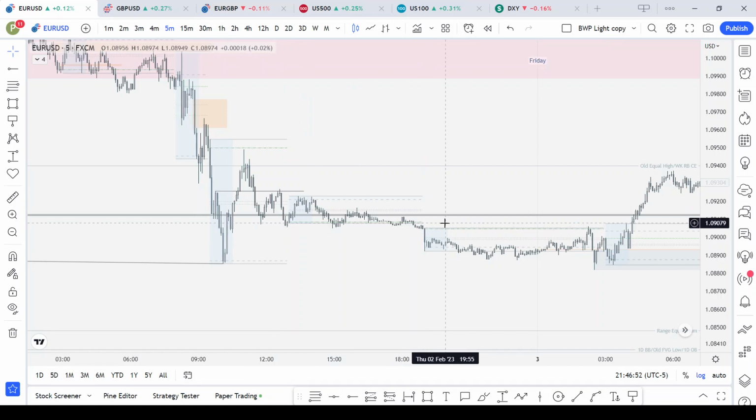This last TR candle is between 7 to 8 p.m. That is the aftermarket TR candle, or you can just call it the Asia TR candle. This is at the end of the session, that range that forms between 7 to 8 p.m. That is the TR candle.